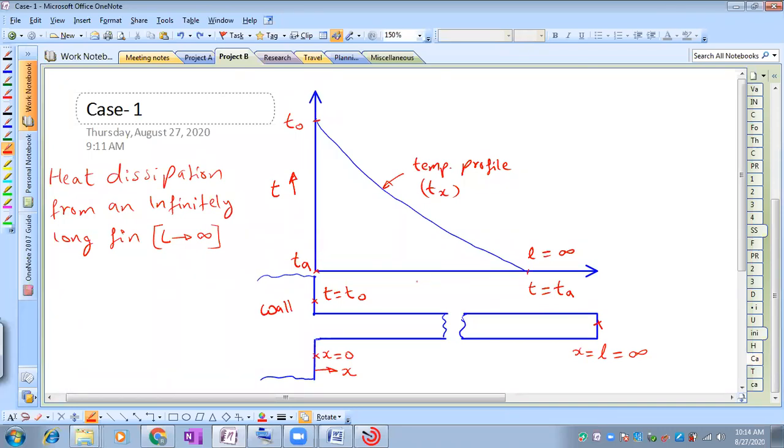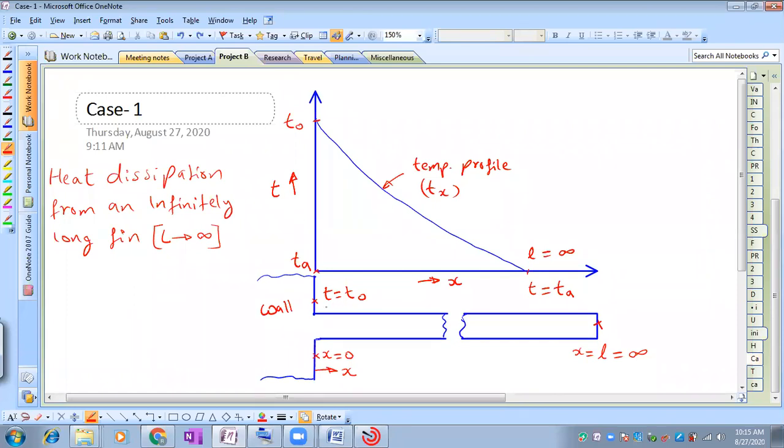So we have considered x and y axes. The x-axis represents the length of the fin, and the y-axis represents the temperature.